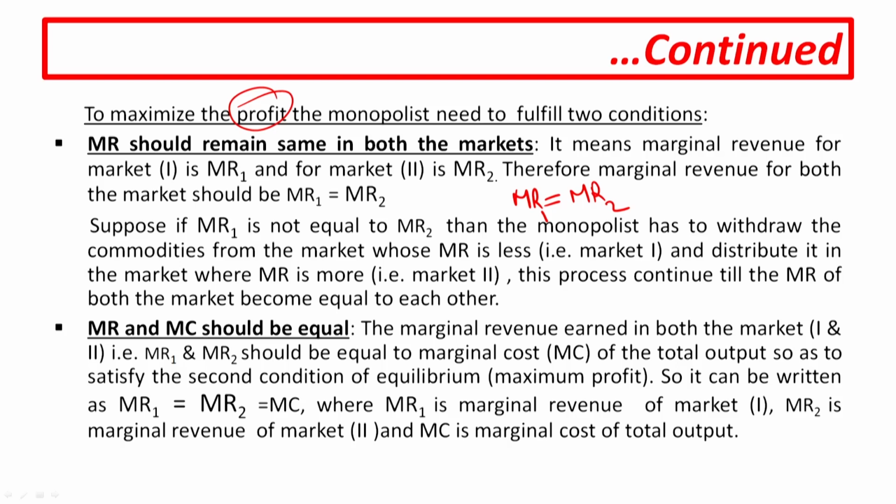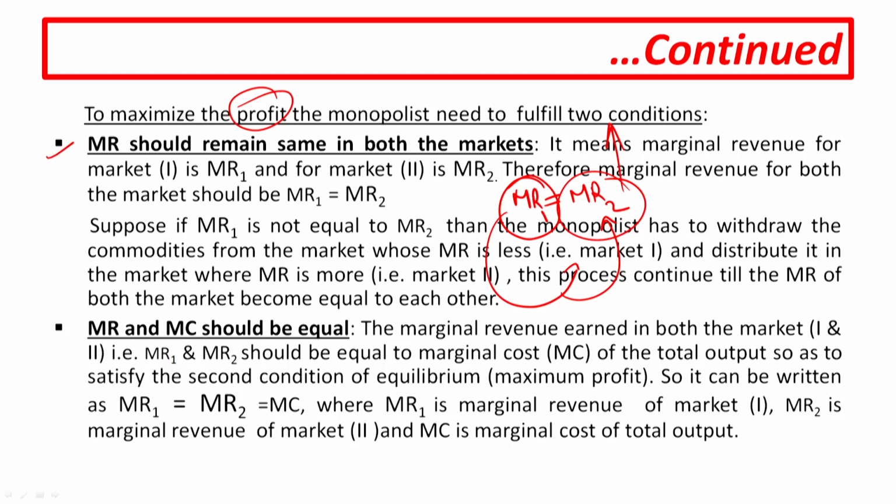But suppose the marginal revenue is not the same, for example, the marginal revenue of market 1 is less and the marginal revenue of the second market is more. So, you will start taking the commodity from market 1 and flow it into market 2, and you will do this process till the marginal revenue of both markets becomes equal to each other.